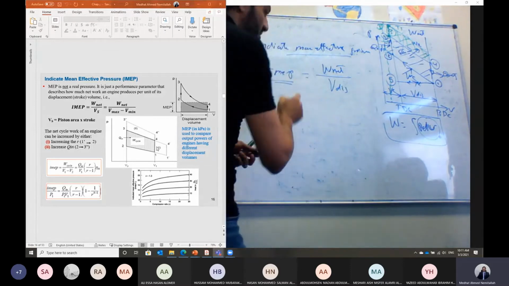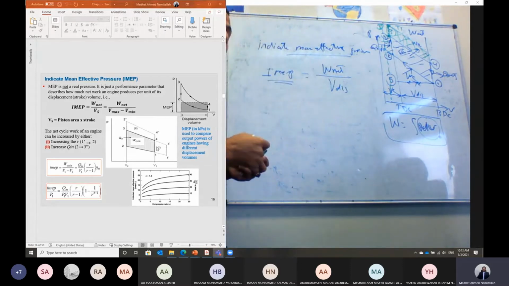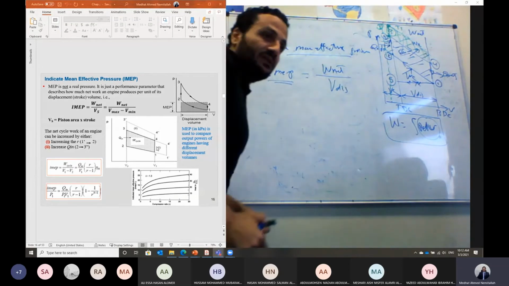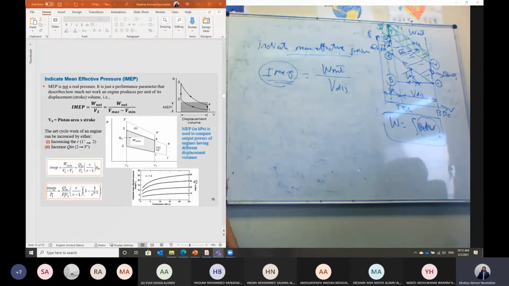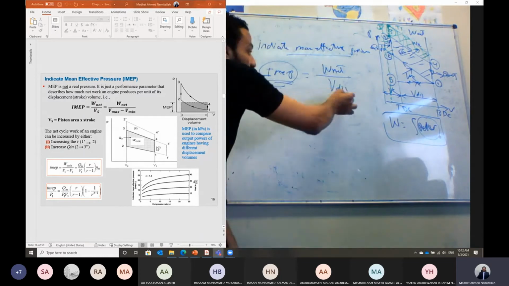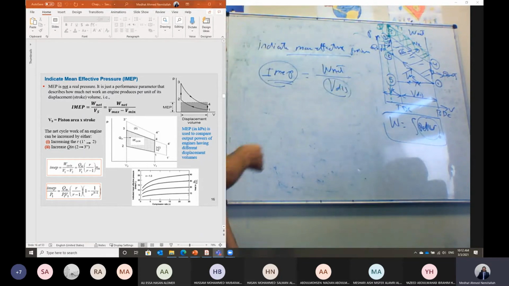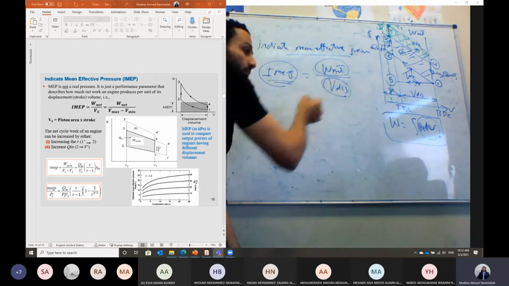It is actually one of the specs of any car. If you go to buy a car, you will find one of the very important specs is the indicated mean effective pressure, which compares different engines that have different displacements, so that it compares the power output of different engines of different displacement volume.